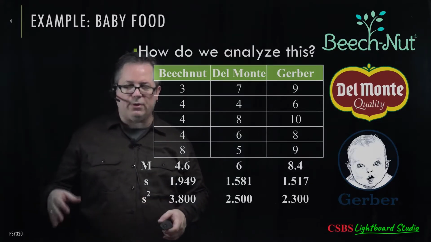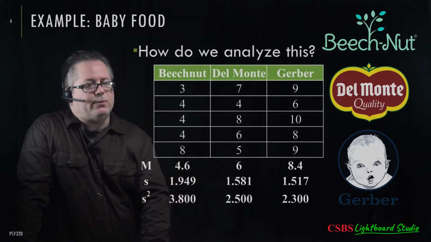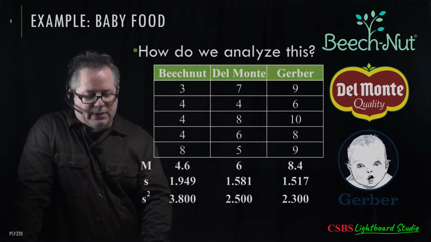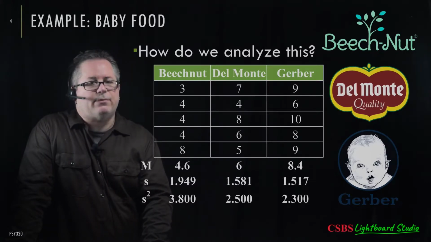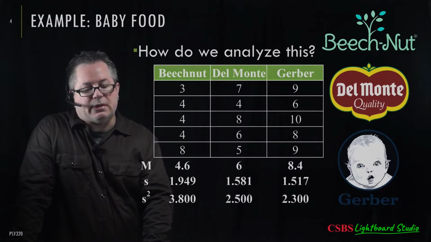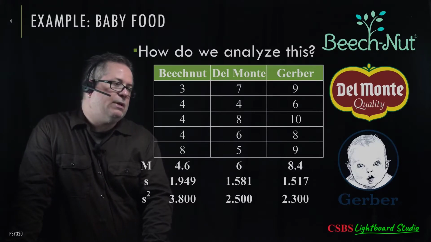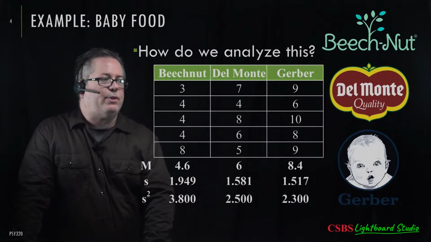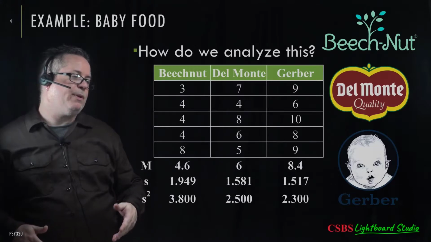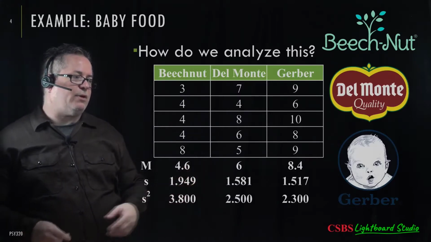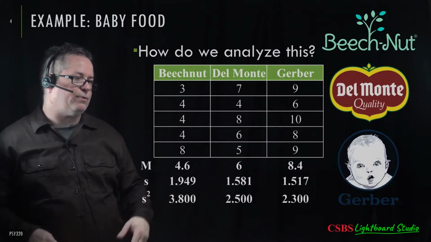Knowing what we know already, we can see that these are independent groups, in the same way that having 2 independent samples selected from a population and then randomly assigned to 2 different groups makes them independent. Because we're doing the same thing with 3 different groups, we now have 3 independent groups. Each has its own mean and its own standard deviation, and I just included the variances here too for the sake of completeness.